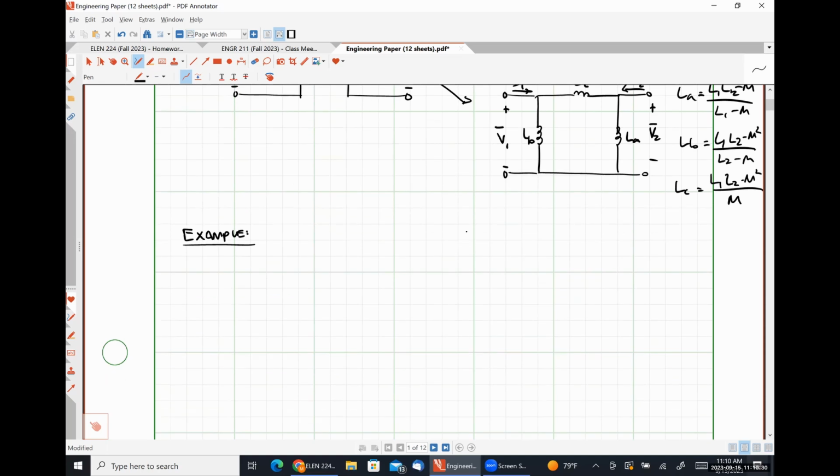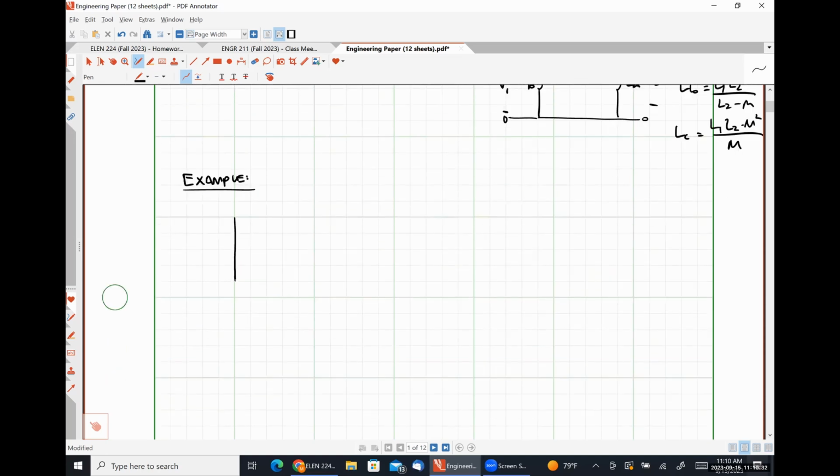So let's say that we have the following circuit. 50 angle 0 volts.